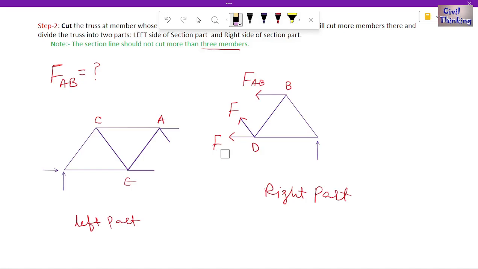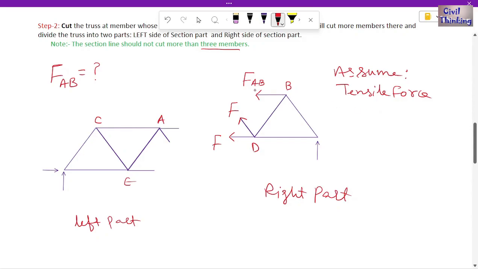So I am assuming all the forces to be tensile, because this arrow is away from the joint. When the arrow is away from the joint, it means tensile force. I assume the forces to be tensile member forces.